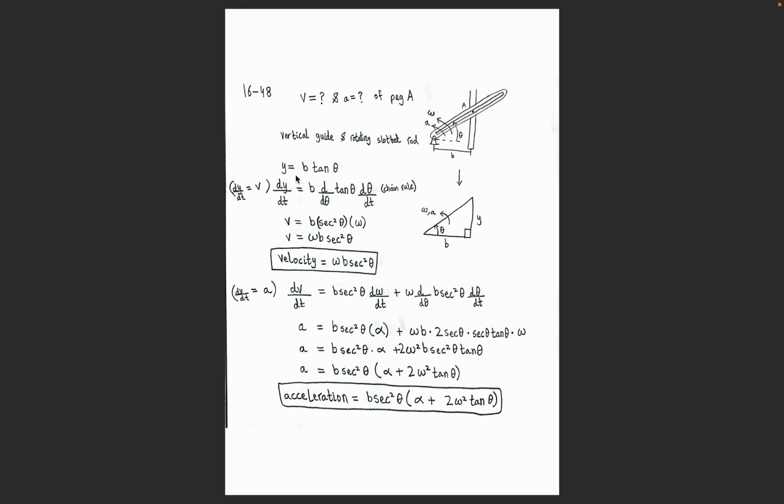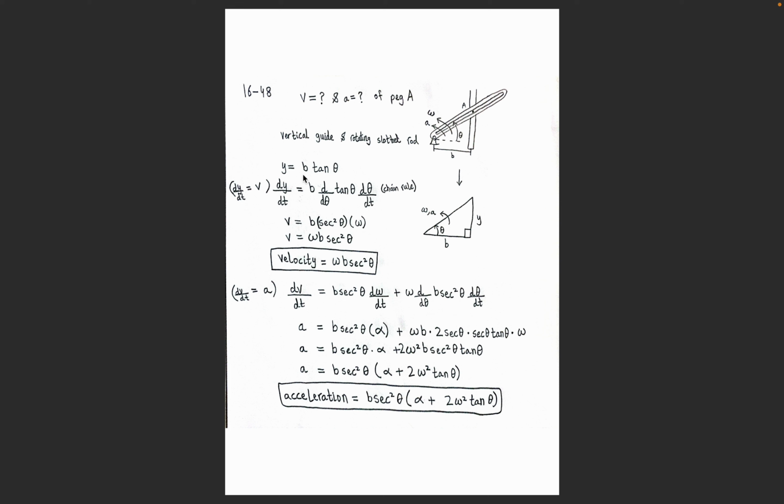You can call that vertical distance or displacement traveled by the peg A. We call it displacement because it has a specific direction, which is vertical. To find the velocity, we know that if we differentiate displacement, we get velocity. So dy over dt is equal to v, where y is the vertical displacement.